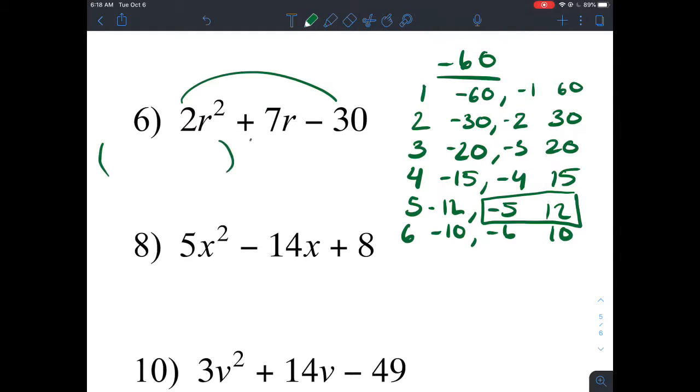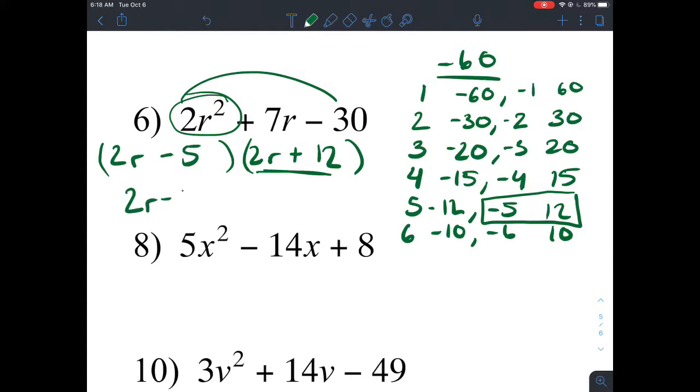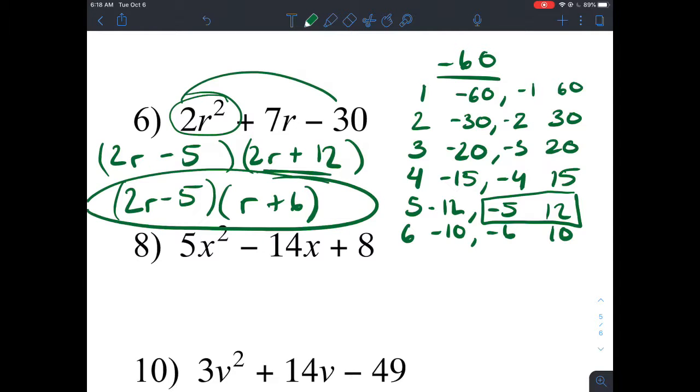So I'm going to go ahead and set up my binomials here. I'm going to do 2r, 2r. But I know I'm going to end up having to factor one of these, right? So then I look, well, which one of these can I factor something out of to get my 2 front numbers to multiply to give me that? Well, I can take a 2 out of this second binomial. So I'm going to get 2r minus 5, and then r plus 6. All right.